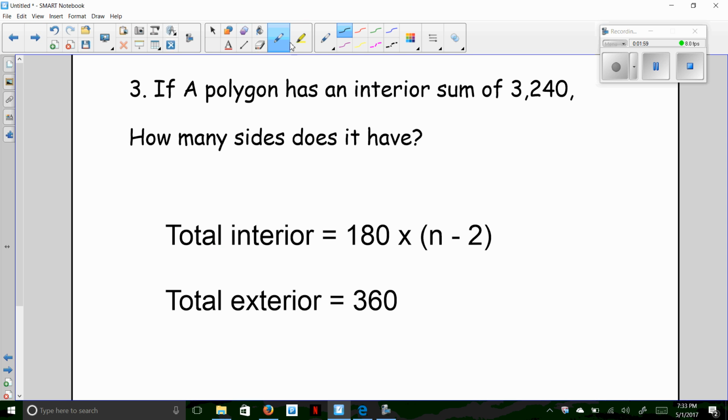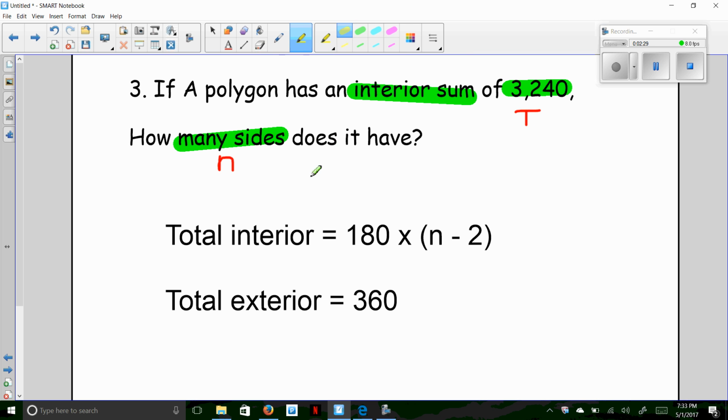All right, a little harder. If a polygon has, and this is an important idea, an interior sum of 3,240, how many sides? If I want to know how many sides, that means we're solving for n. If it has an interior sum of 3,240, this will be a total.